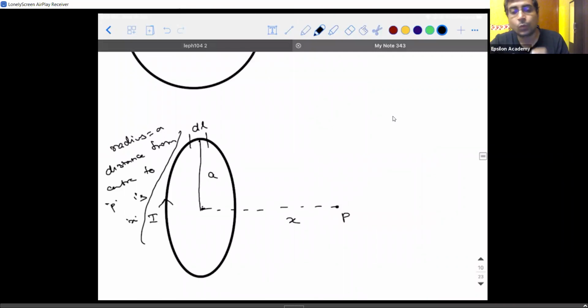So when this is like this, let's say the current is flowing in this direction, and at the top dl is taken a small portion such that the current is going to be in this direction. The direction of dl is going to be tangential to the surface.